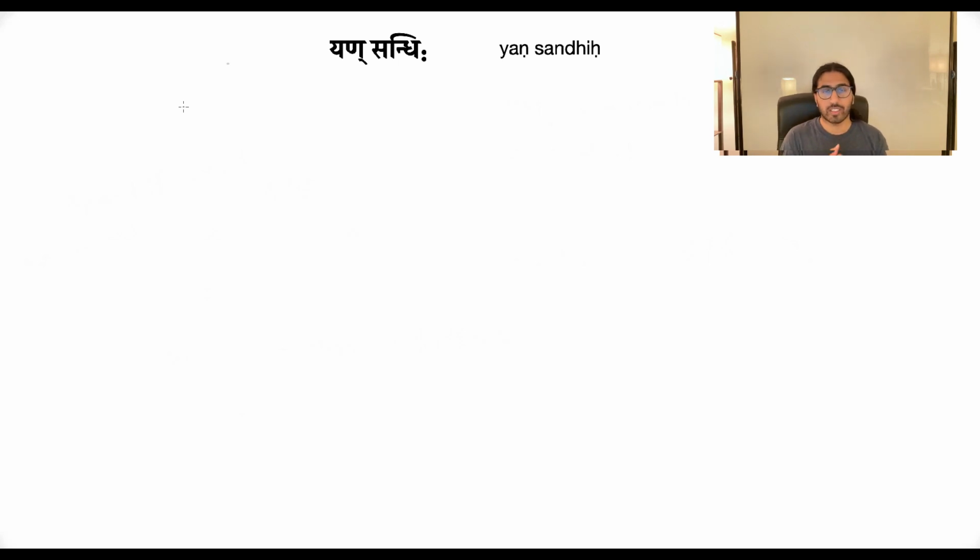It's very rhythmic. And so when you look at the letters and you put them together, they're arranged in such a way where starting from the first letter and the second letter, it delineates what letters are involved in that group. So for now, just know that the group or the code word yan means semivowels.